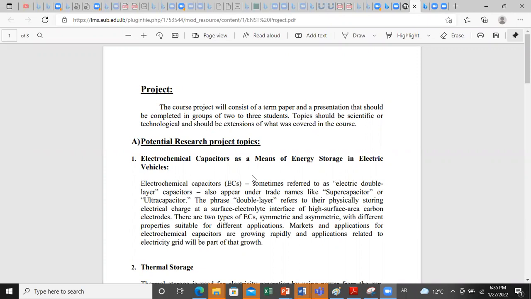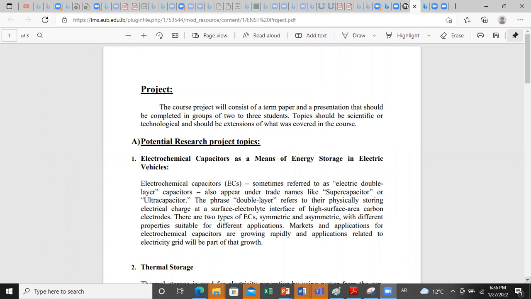Of course, this is not a master study. Maybe you will not be able to come up with an innovation, but you can just suggest one small modification that can help increase the effectiveness of the topic you are working on. Okay, so one of the first applications is the electrochemical capacitors.